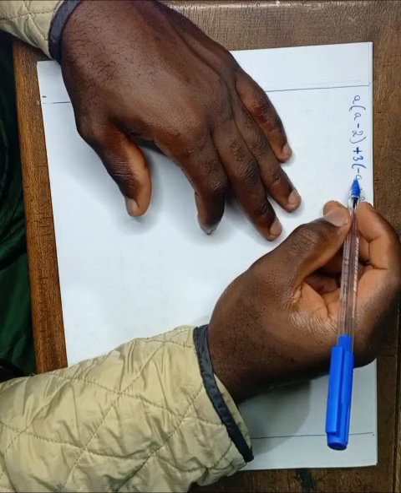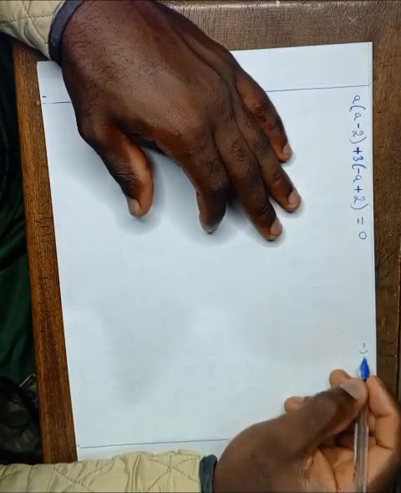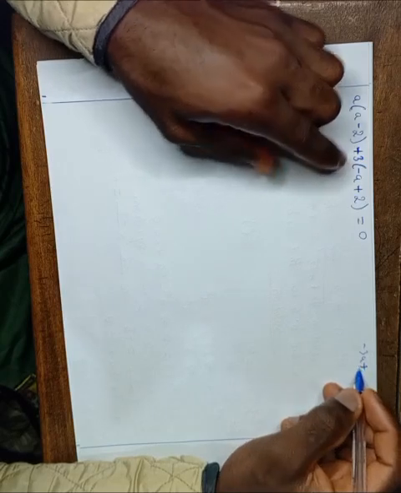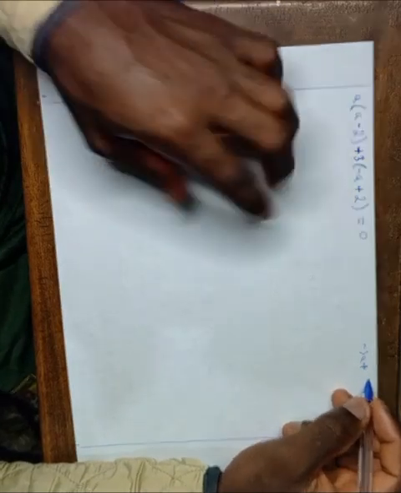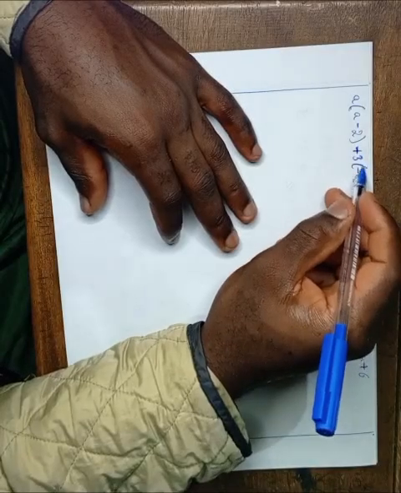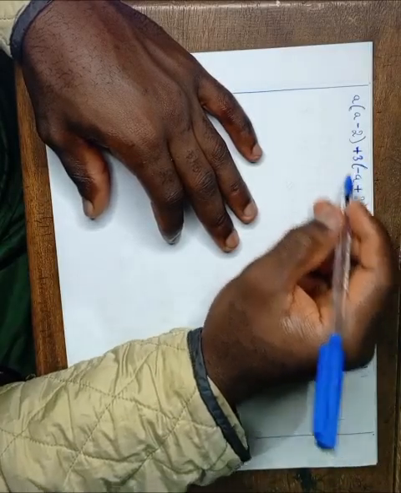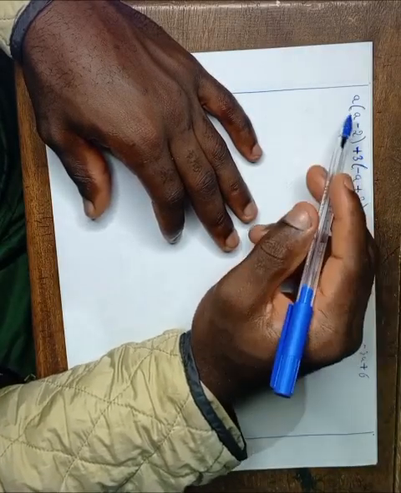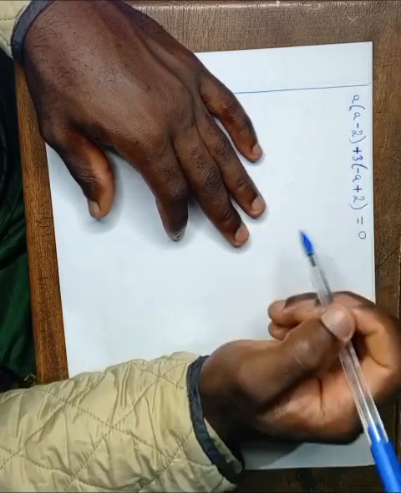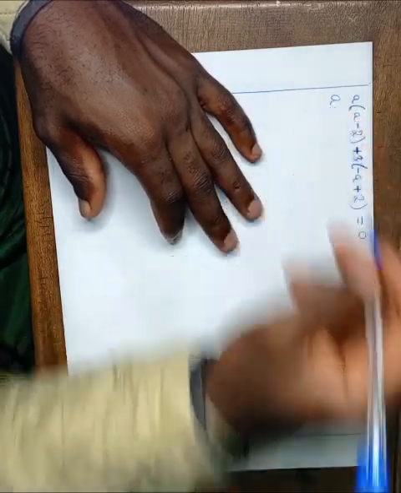I know 3 times -a will give us -3a. If I take 3 times 2, it gives us 6. But in this case, we need to factor out something such that we are going to obtain a minus 2 in brackets here. So let's proceed.